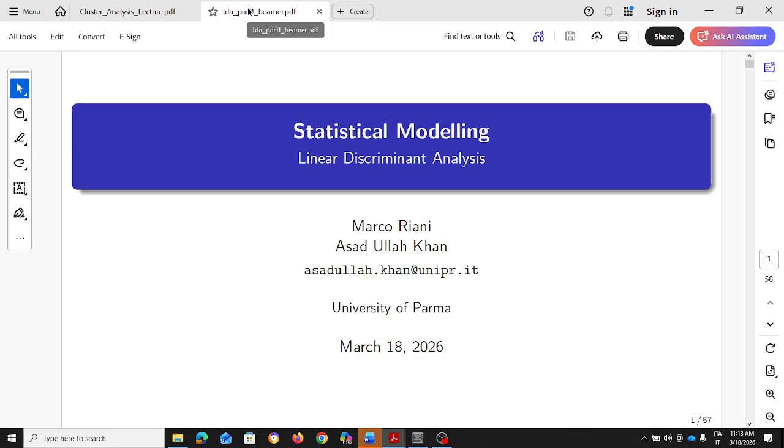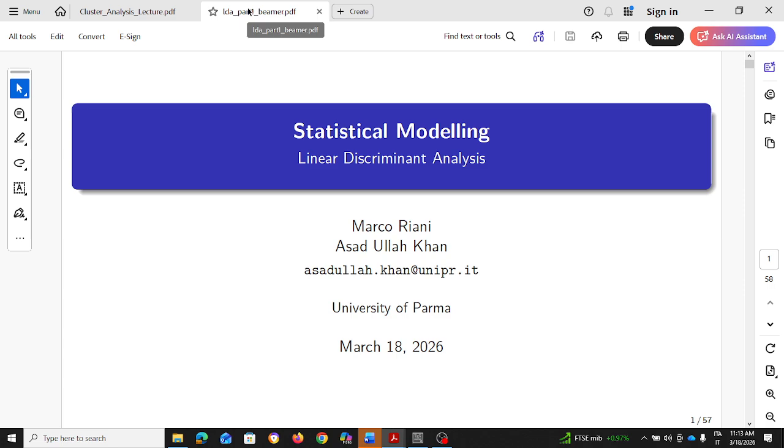Now the question LDA asks is, which axis gives me more discrimination between the data, this axis or this axis, okay?